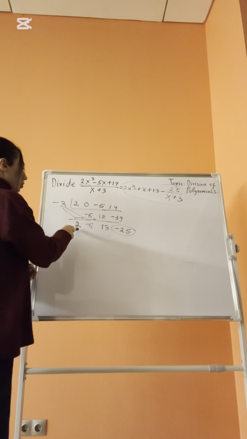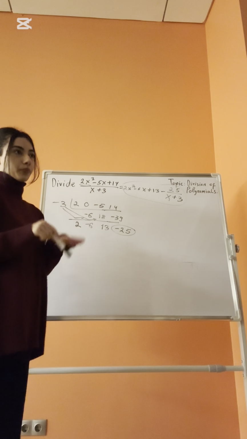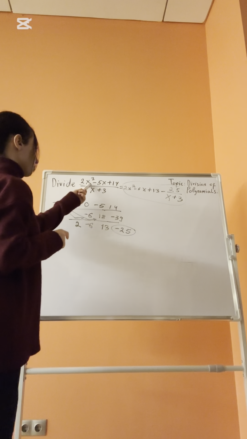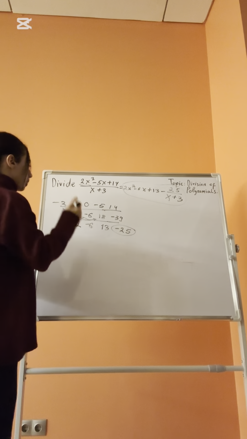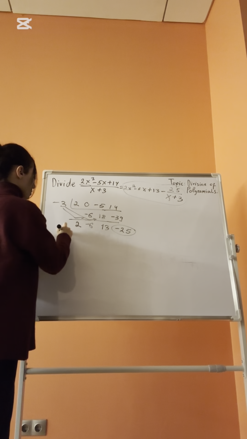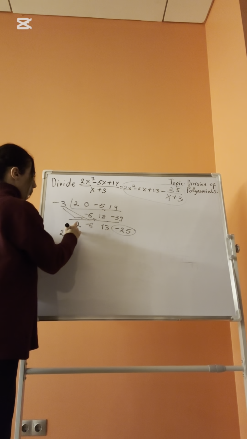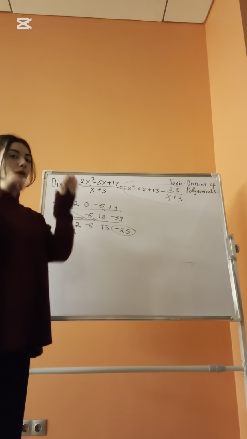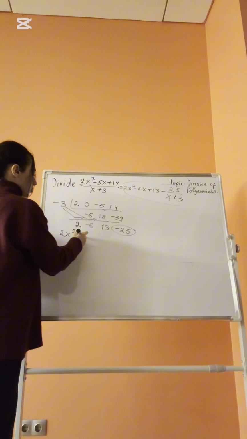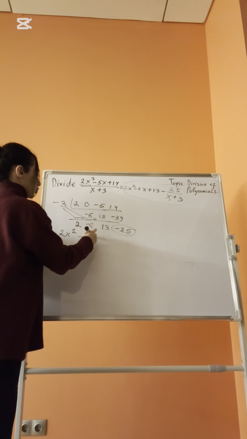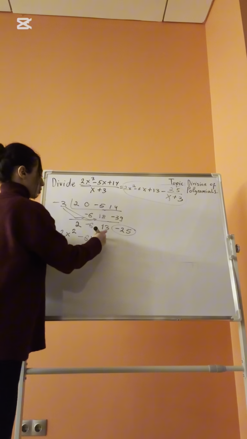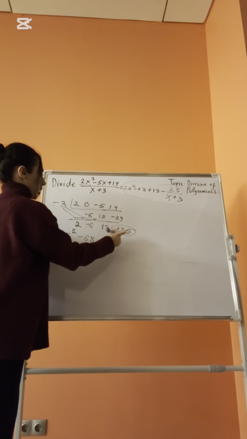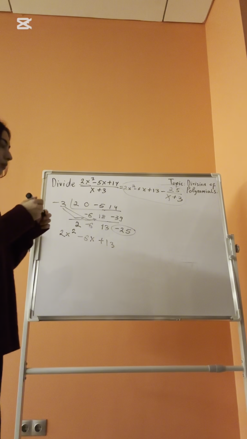So now we will go down by the power, and we will write that here 2 is the coefficient of x to the power of 2. We will go down by 1. Next, minus 6 is the coefficient of x, plus 13, and minus 25 is the remainder.